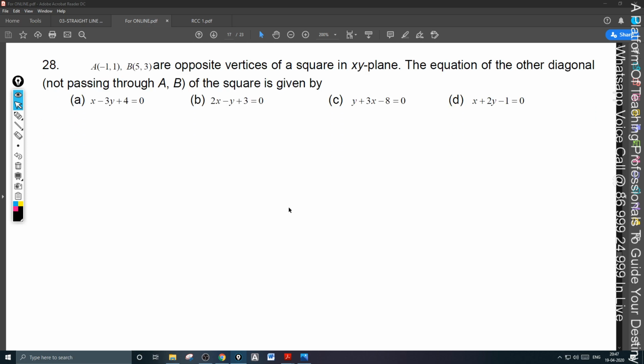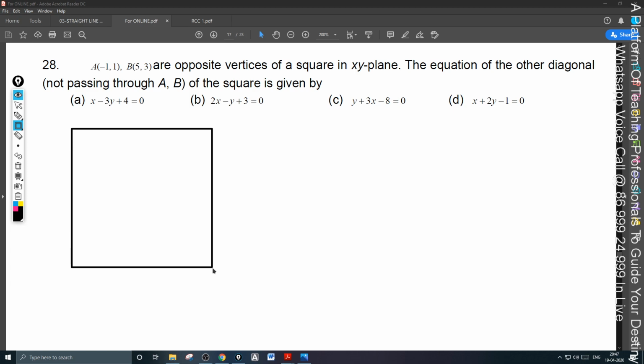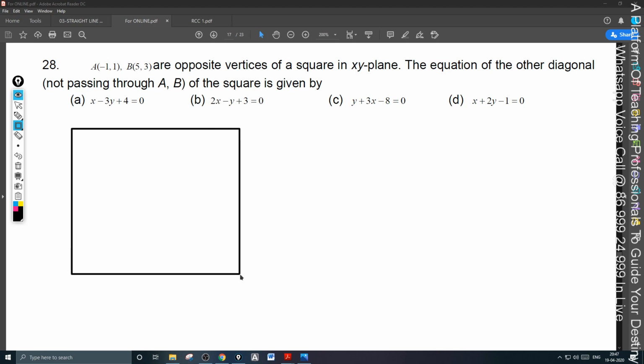Next question please. This is also simple I think. A(minus 1, 1), B(5, 3) are opposite vertices of a square in the xy plane. The equation of the other diagonal not passing through AB of the square is given by. Square please. This is a square.